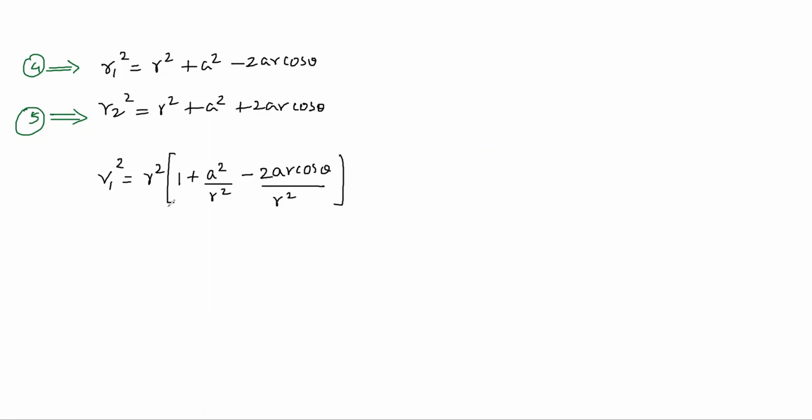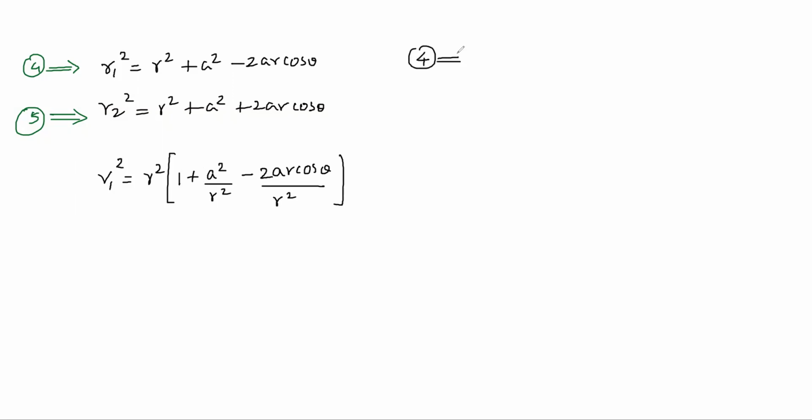When we take common, we multiply and divide by R square and take one common. If you're not familiar with this kind of mathematical manipulation, I'll explain it.